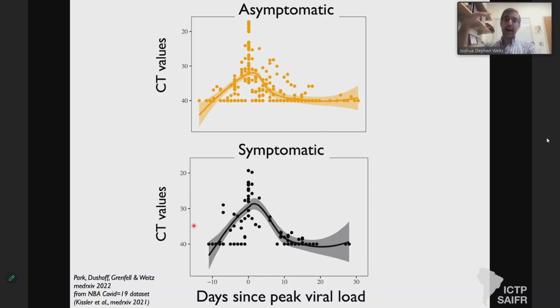So these low values sit at the top. These are the symptomatic individuals. These are the asymptomatic individuals. And although there may be a longer average of having higher levels, as you can see here, the individual point levels are quite comparable, right? So there's a slightly higher peak that lasts a little bit longer, but you can see that even if you're asymptomatic, you have high periods, and even in some cases higher than that of the symptomatic individuals.